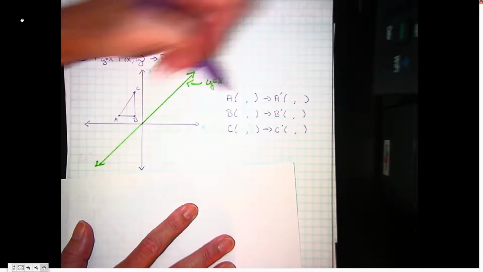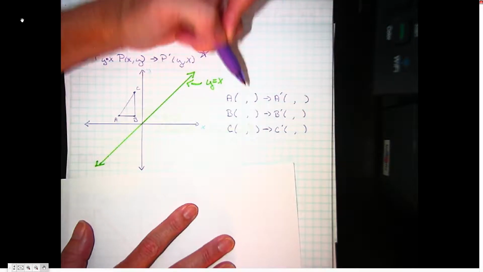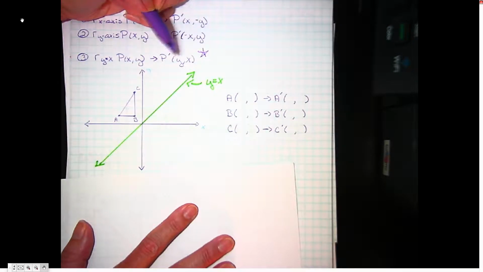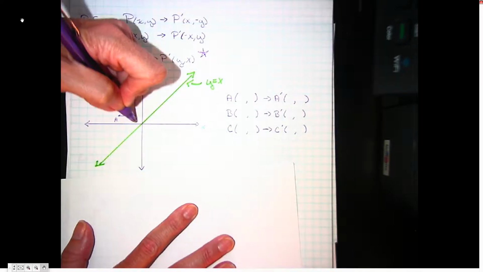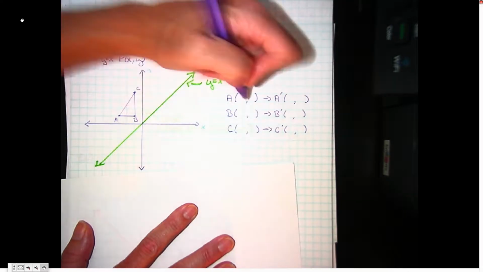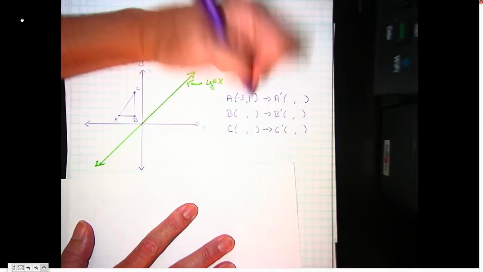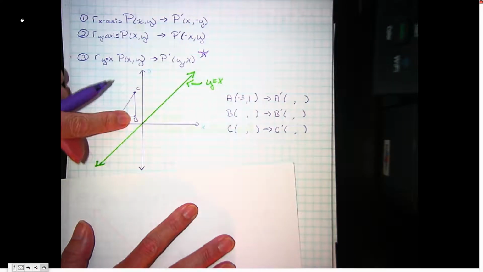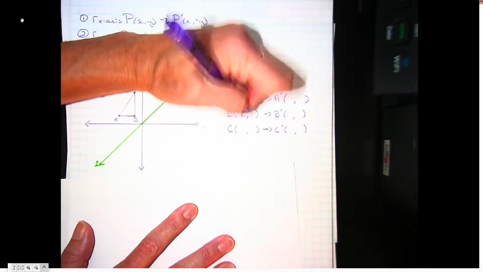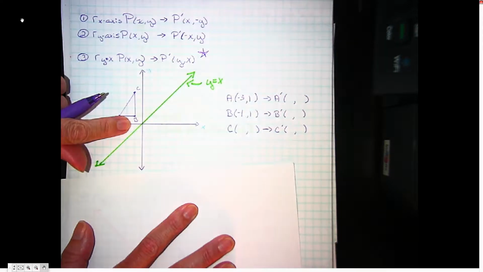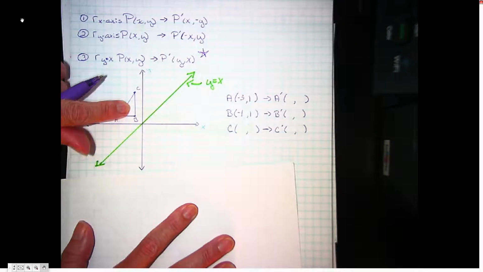So we're going to take the coordinates of each one of these and apply this rule to them. A is at, it looks like, negative 3, 1. B is at negative 1, 1. And C is at negative 1, 4.